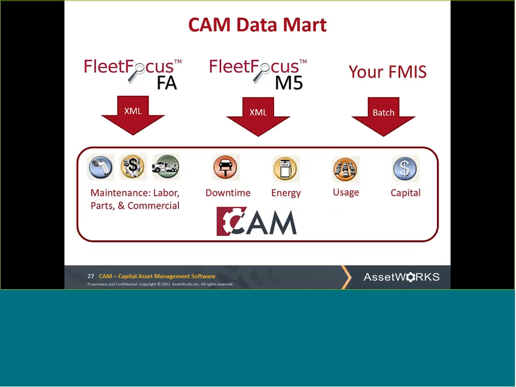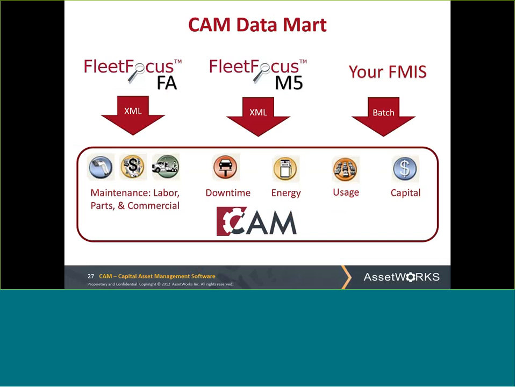So if you're an M5 or an FA customer, we have XML interfaces between the applications. You launch them from those applications, and then they periodically send over transaction history into CAM. Again, CAM has its own set of tables for these. We don't read tables directly out of these other systems.